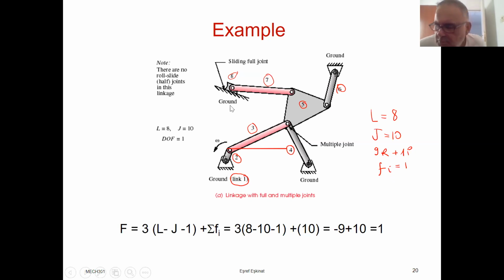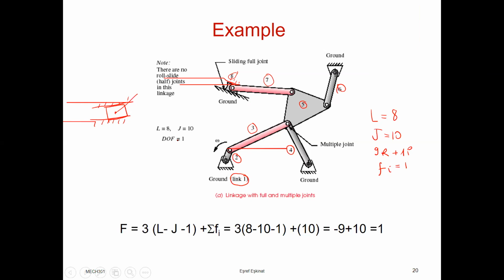What you have to do is, when you draw a prismatic joint, you might draw it like this, if you like. But usually what you have to really do is something like this. You have to put 2 constraints on both sides. So this is not done here, but this is what you should have done. So it only allows a translation with respect to the ground. Do you understand? Yes, hocam.